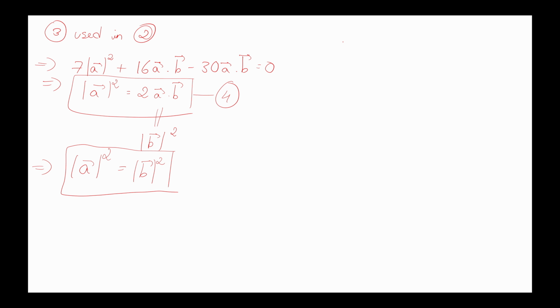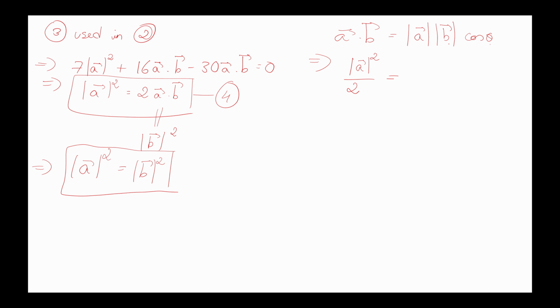Now I hope you all know how we represent a vector dot b vector. This is going to be a vector modulus times b vector modulus times cos theta. From here, a vector dot b vector is nothing but a vector modulus square by 2, so we can write this down as a vector modulus square by 2, or you can write this down as b as well.